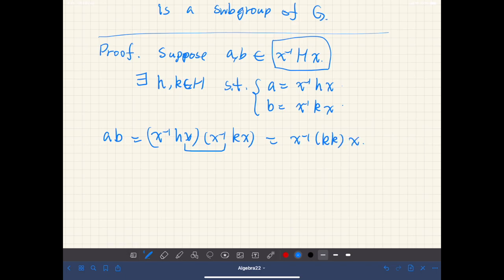So this means, of course, this H and this K are elements of the subgroup H. So this means HK is an element of H. Therefore, this one belongs to X inverse H X. So this subset is closed under multiplication.